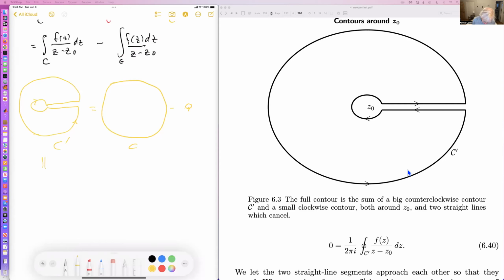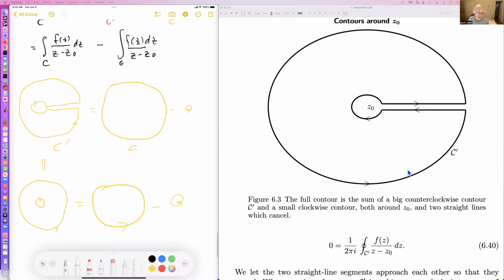So this thing is equal to that. It's equal to the sum of those two, and this one is minus that one. I hope those pictures are clear.